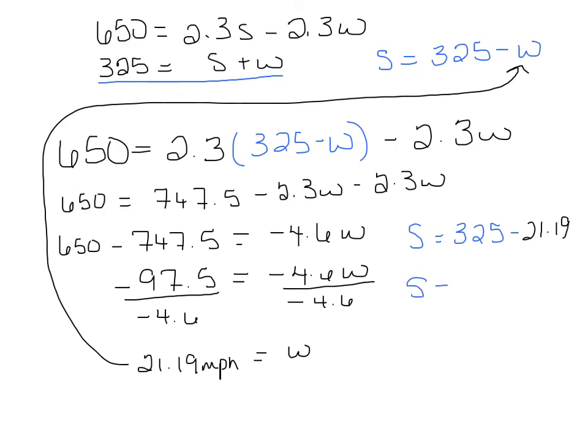So S, the speed of the plane, is going to equal 303.81 miles per hour. Okay. I hope this clears any confusion up that we had at the end of class.